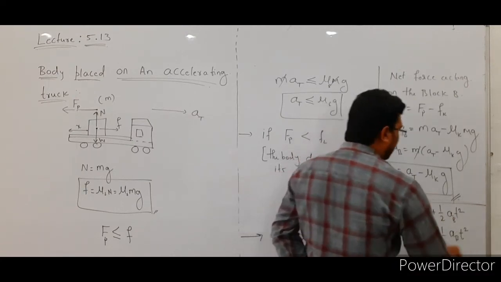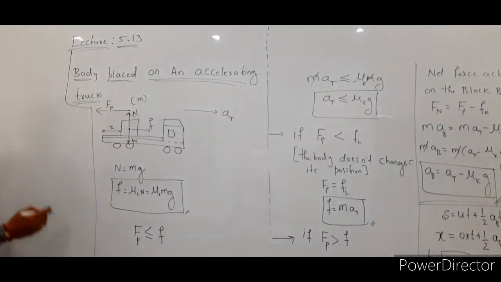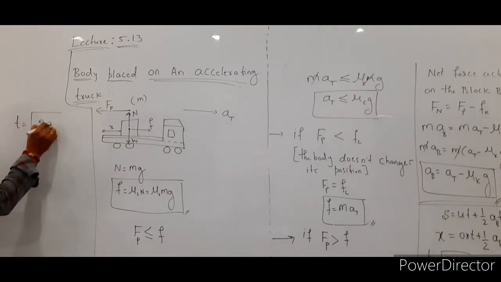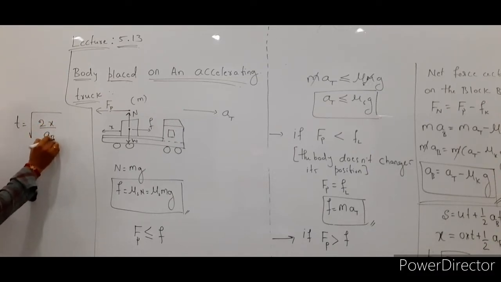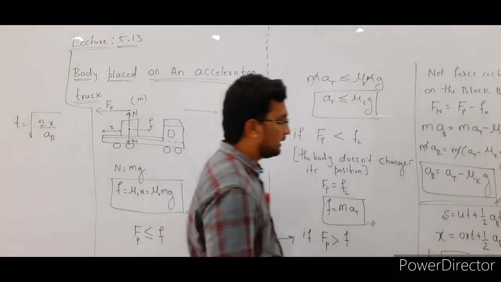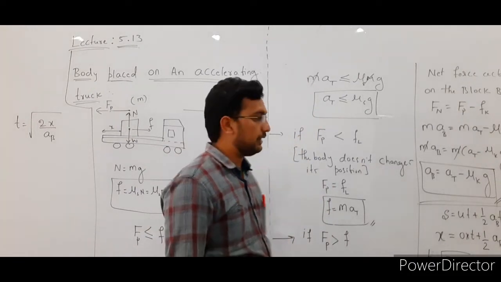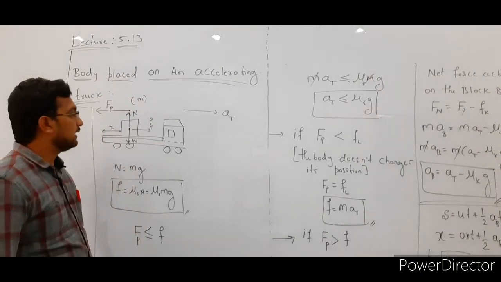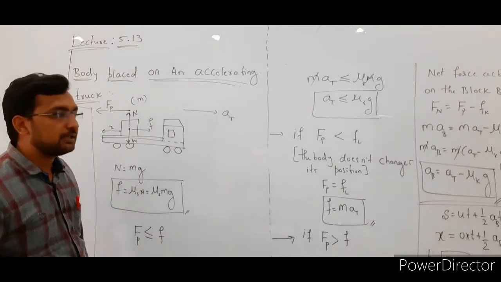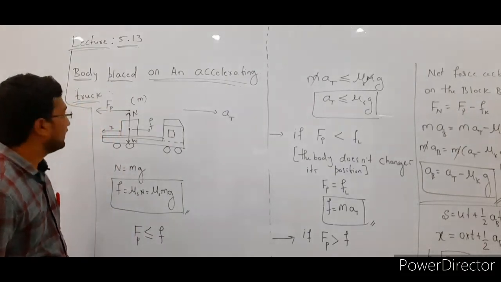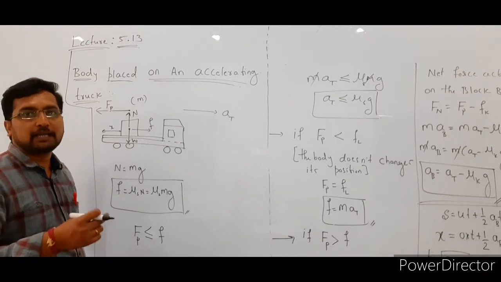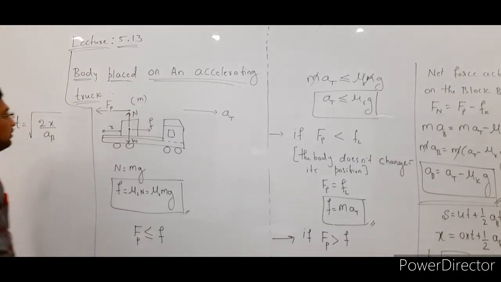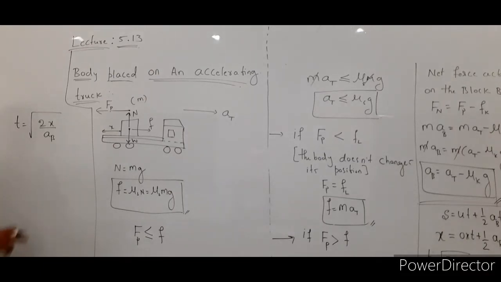In this case we want the t value. So t is equal to under root of 2x divided by the acceleration of the block.